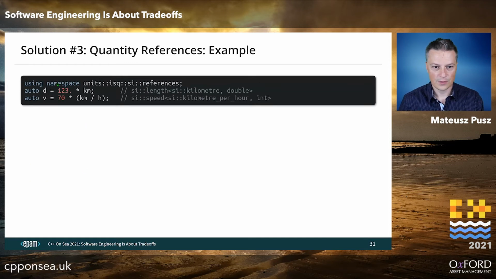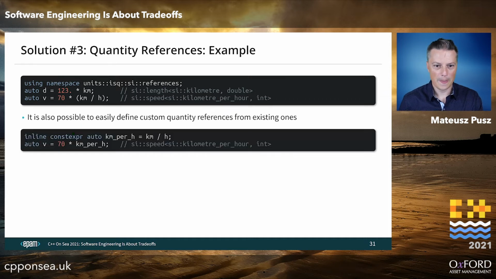And then, if you want to use it, you're using this in this way. So we are multiplying the value by the reference, and we are getting a quantity from this. As you can see here, we don't need a kilometer per hour that's being provided by the library, because you can just divide kilometer by hour and you will end up with kilometer per hour anyway.